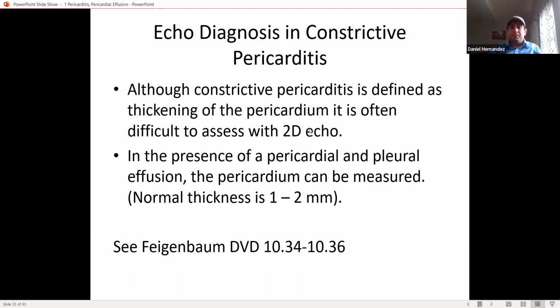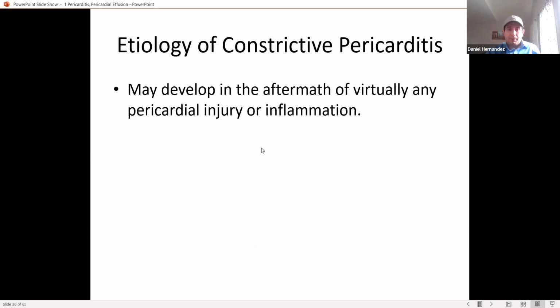Although constrictive pericarditis is defined as thickening of the pericardium, just remember if there's absence of an effusion, this can be difficult to assess with 2D echo. The presence of pericardial or pleural effusions makes the pericardium easier to measure. Normal thickness of a pericardium should be 1 to 2 millimeters. Etiologies: it may develop in the aftermath of virtually any pericardial injury or inflammation.